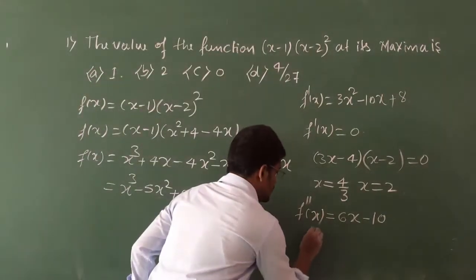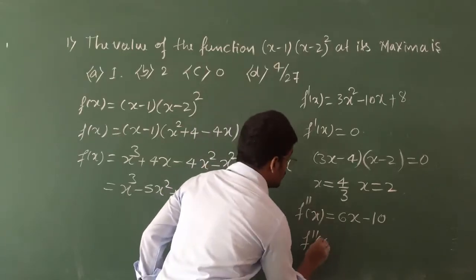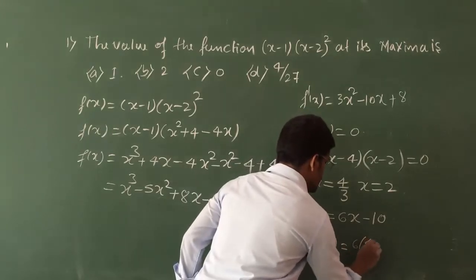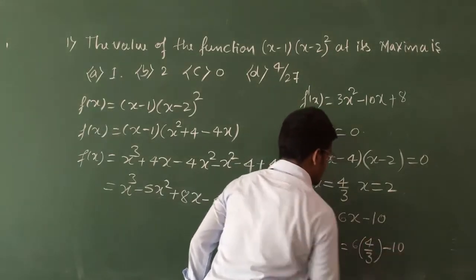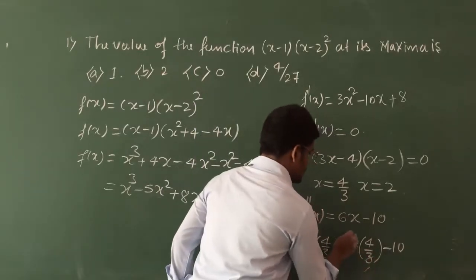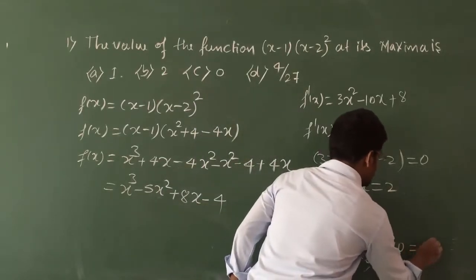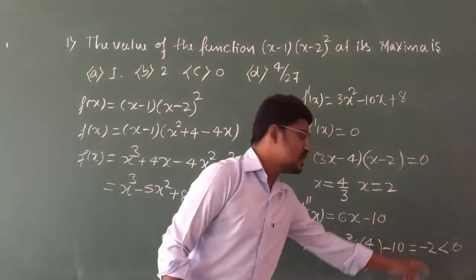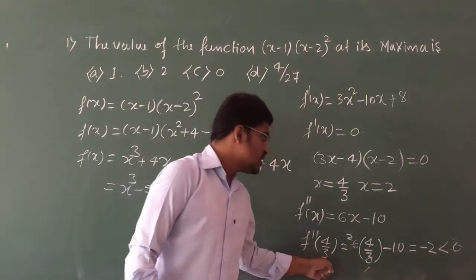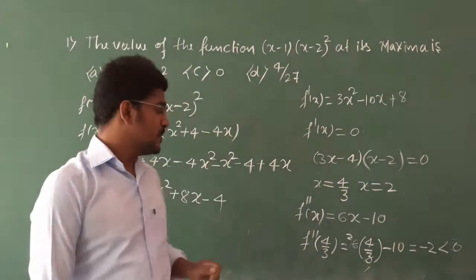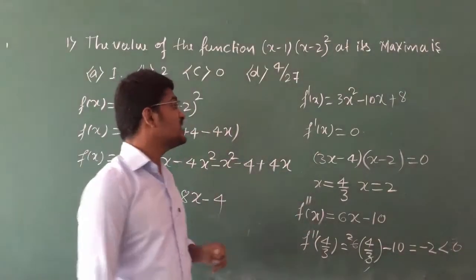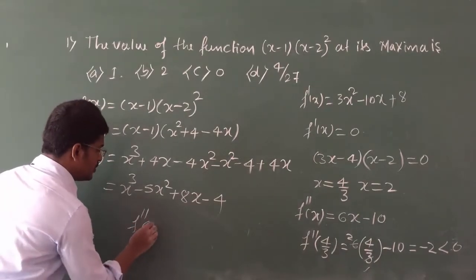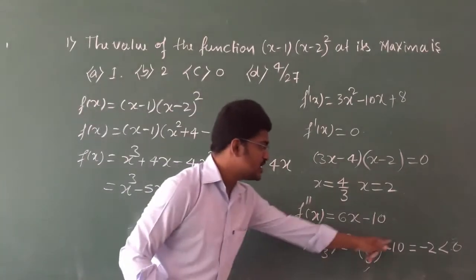So that is f double dash of 4 by 3 equal to 6 into 4 by 3 minus 10, that is equal to minus 2, lesser than 0. See, 8 minus 10, minus 2 lesser than 0. So here maximum exists. At f double dash of 4 by 3 maximum exists.